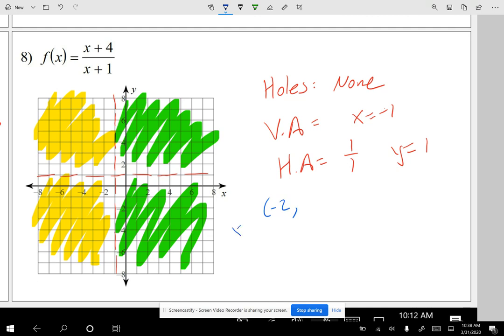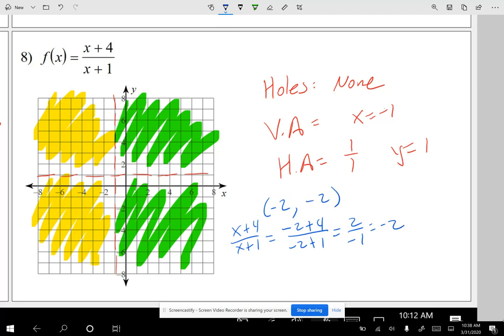Remember my expression is (x + 4)/(x + 1). I was not able to factor anything. So if x equals -2, I have -2 plus 4 over -2 plus 1. So that gives me the y value is -2.